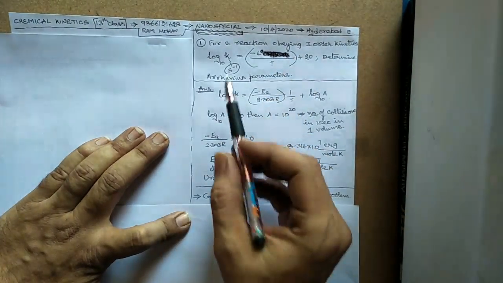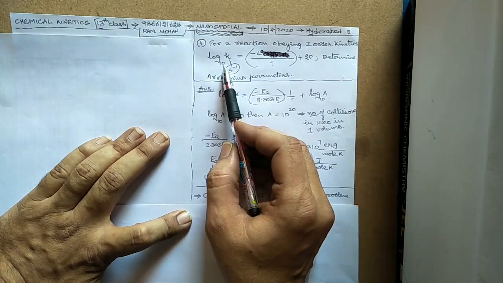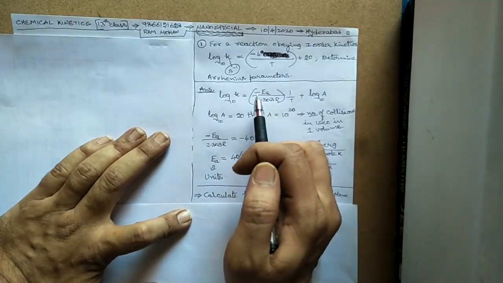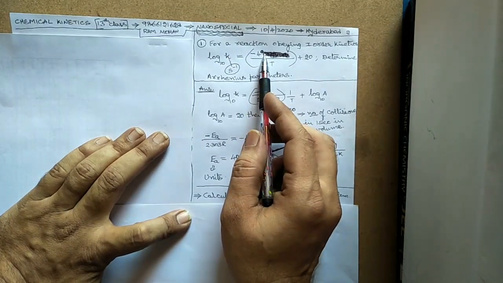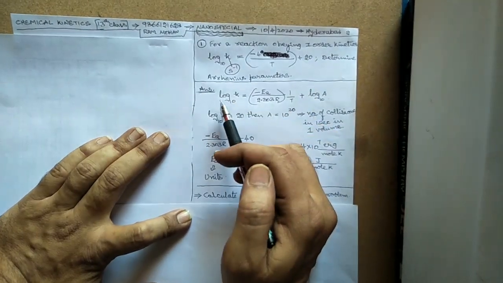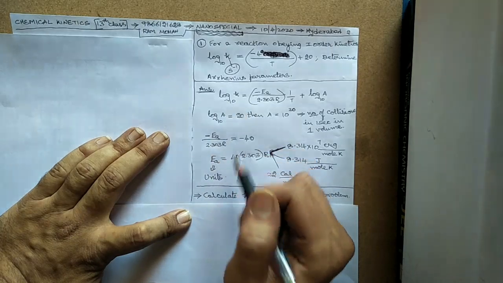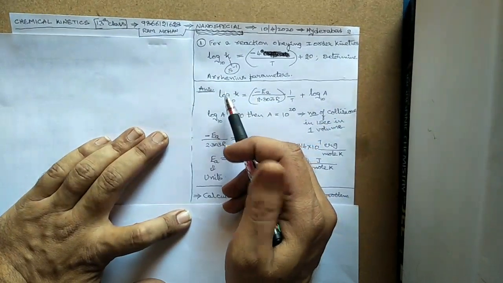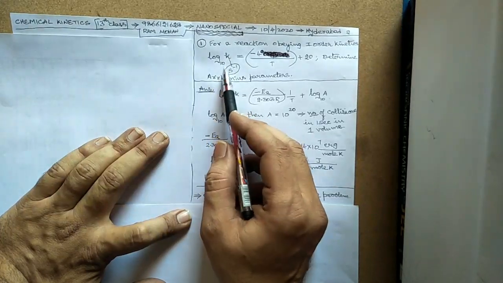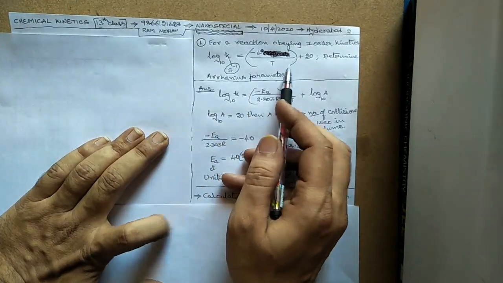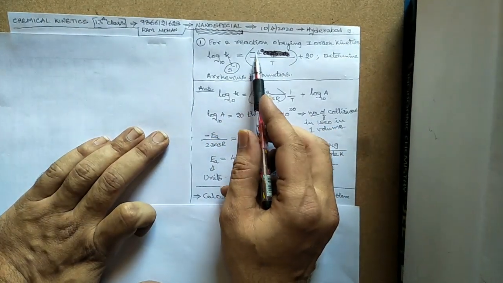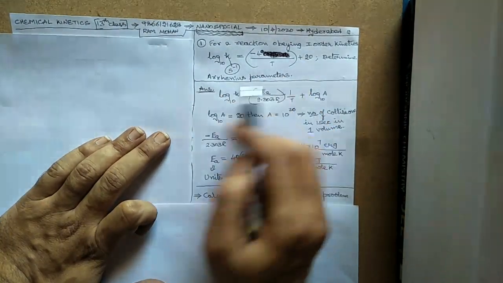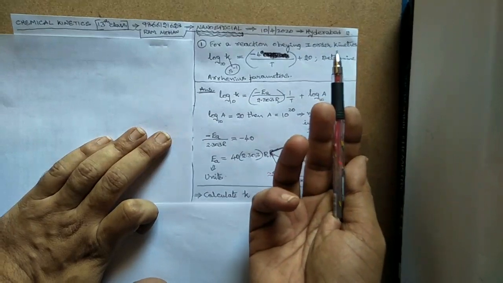The slope of the graph drawn between log k to base 10 on the y-axis versus 1 by T on the x-axis is minus 40 and the y-intercept is 20. Then find Arrhenius parameters. The problem can be like that also.